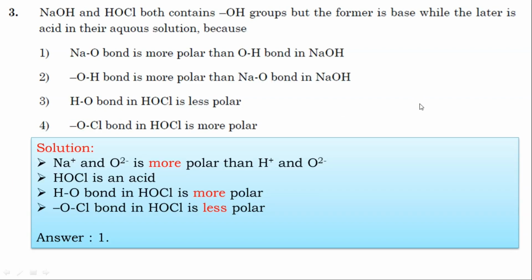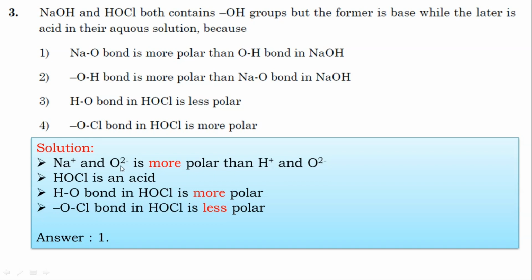Sodium hydroxide and HOCl both contain OH groups, but the former is a base while the latter is an acid. So what is the reason? Here, listen. Option 1: the Na-O bond is more polar than the O-H bond in NaOH. Here the solution: sodium is more electropositive and O2 minus is more electronegative.